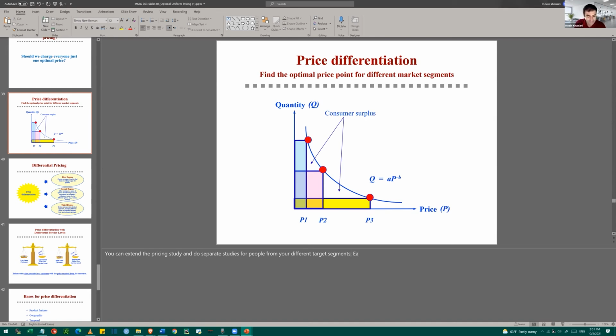That means one price study, one pricing survey for each segment. And this leads to 3 optimal prices. Make sure you take a note of that because even though our approach is simple and straightforward, it can be applied to more complex pricing scenarios.